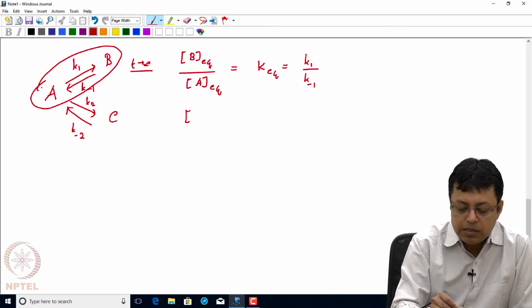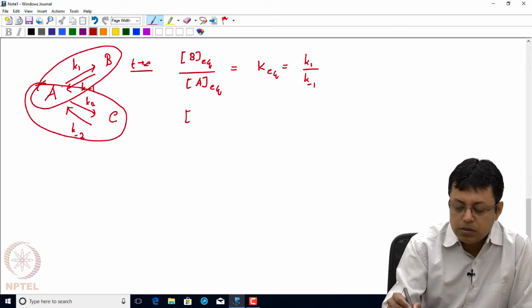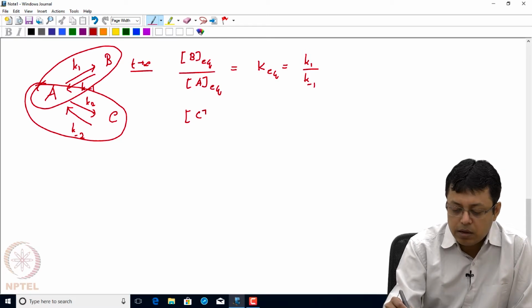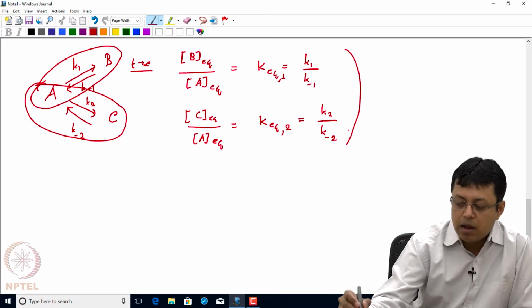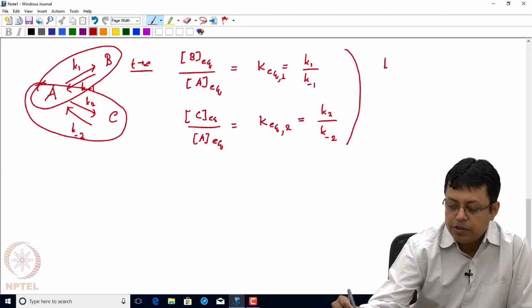Similarly, for this equilibrium A to C, we can say that the long time ratio will be dictated by something like this, which is the equilibrium for the second equilibrium, and we can also write it as the ratio of the individual rate constants. Now we can ask the question, what will be the final ratio of C and B?